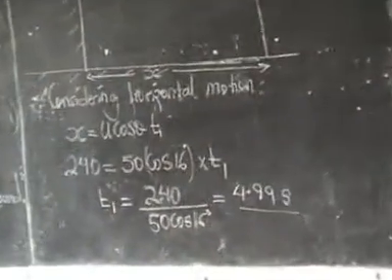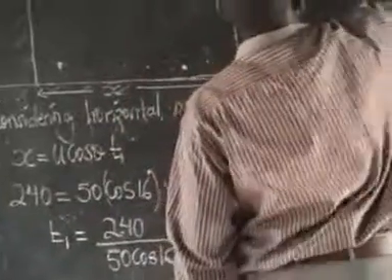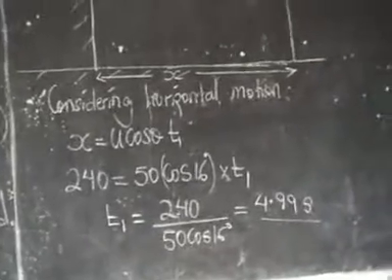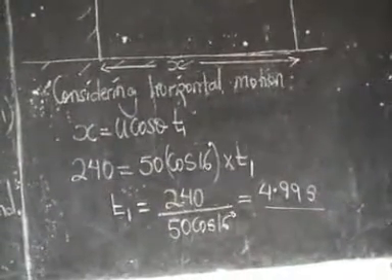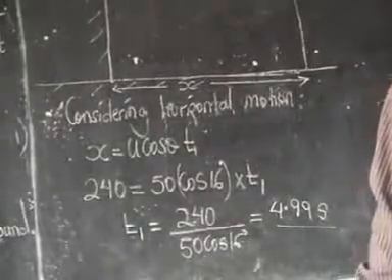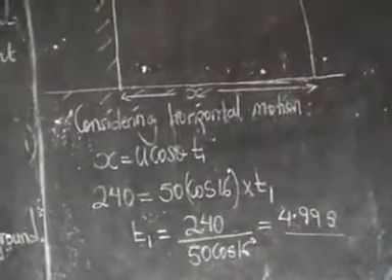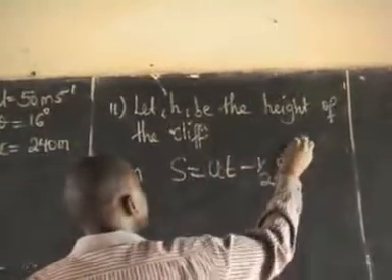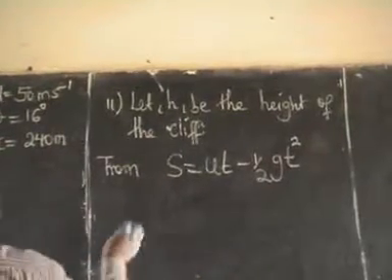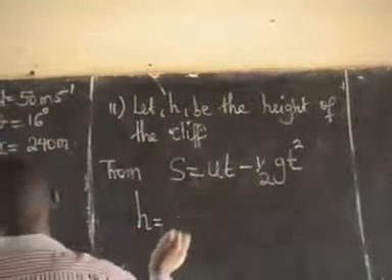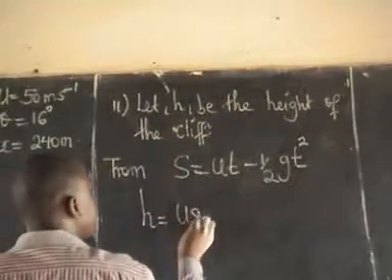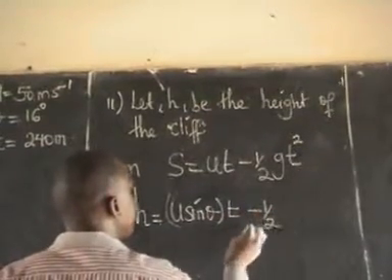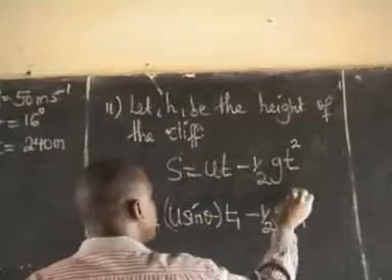Roman 2, the height of the cliff. So let h be the height of the cliff. h equals u t minus a half g t squared. So h will equal, now my u is u sin theta, vertical motion, minus a half g t1 squared.